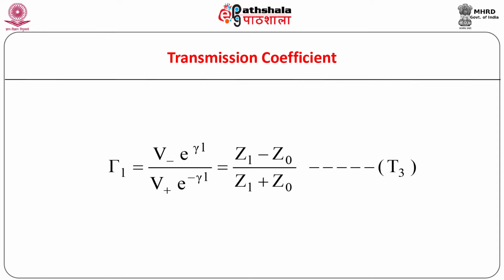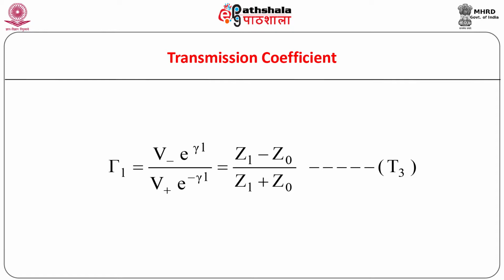Now, we can obtain an expression for reflection coefficient tau L at the load using equations T1 and T2. For this, we need to exercise some simple algebraic manipulations. Multiply equation T2 by ZL and substitute the result in equation T1.